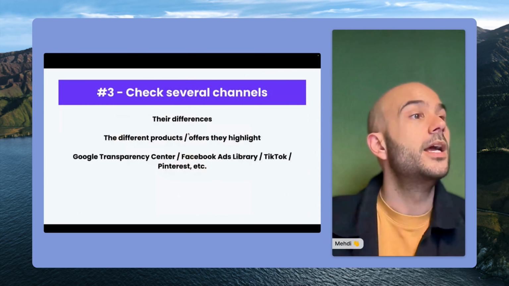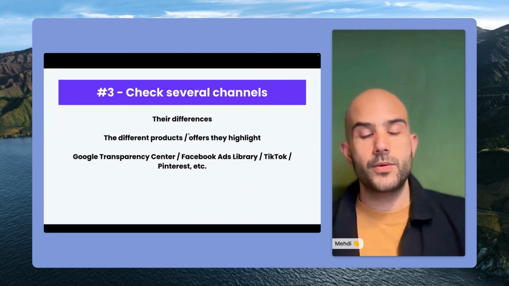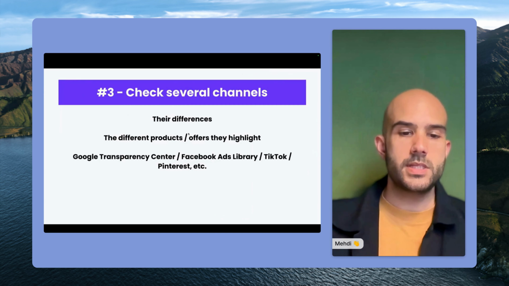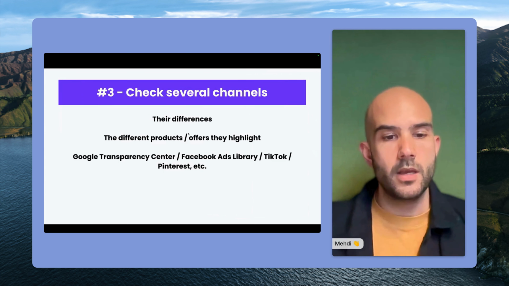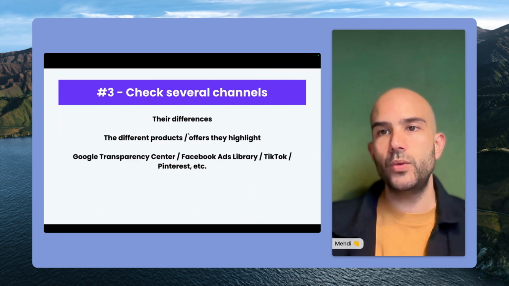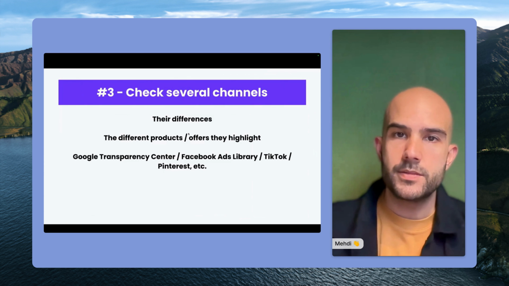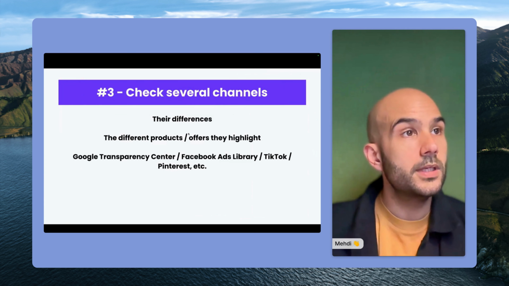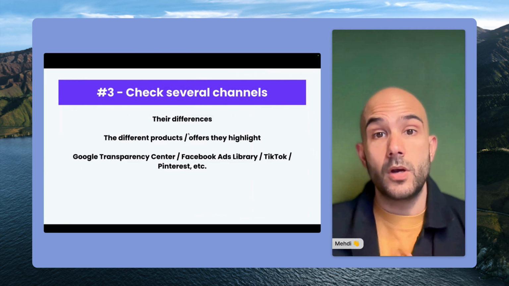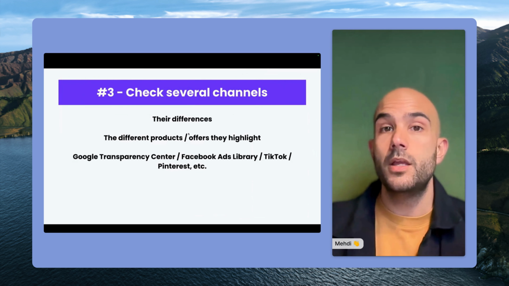Which leads us there: check several channels. When you are looking at the competitors' ads, we all tend to look at their Facebook ads, or their search ads, or one specific channel, and once you do this, you think you've done the job. It's actually not quite the case, because if you look at your own marketing strategy, you're probably not using several channels the same way.